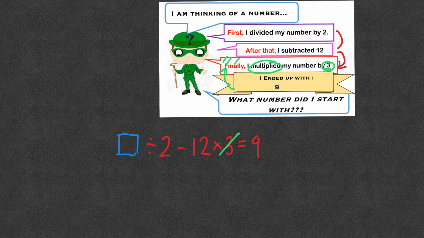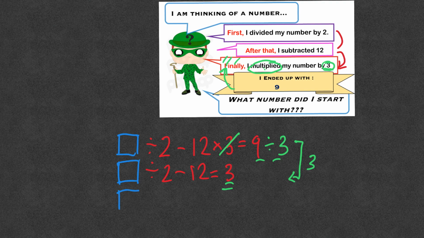So here we're going to do 9 divided by 3, which will leave me with mystery number divided by 2, take away 12, is equal to 3, because 9 divided by 3 gives me 3.